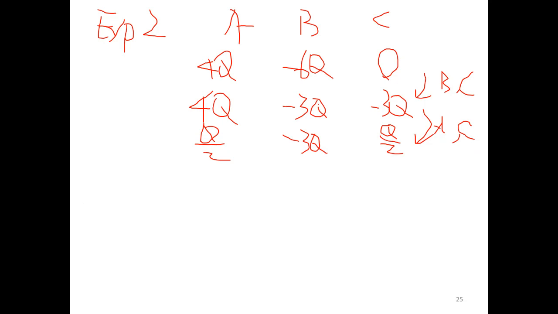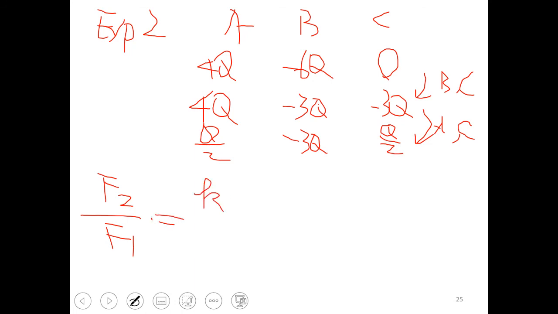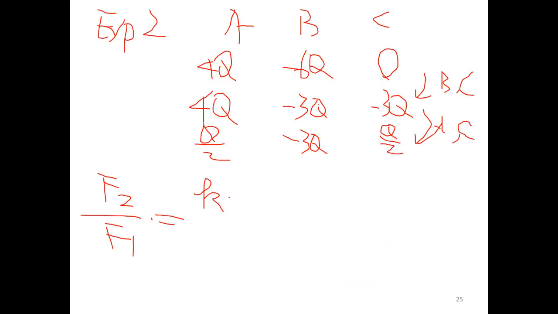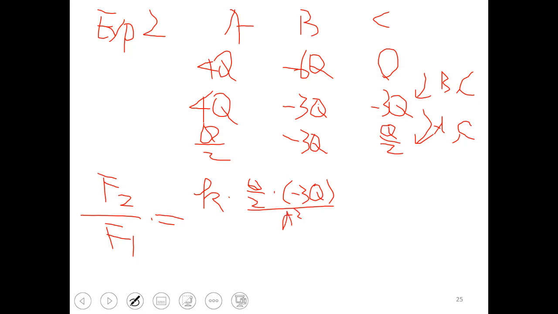The electrostatic force between spheres A and B for experiment 2 is K times half Q and minus 3Q multiplied together, divided by the distance d squared.